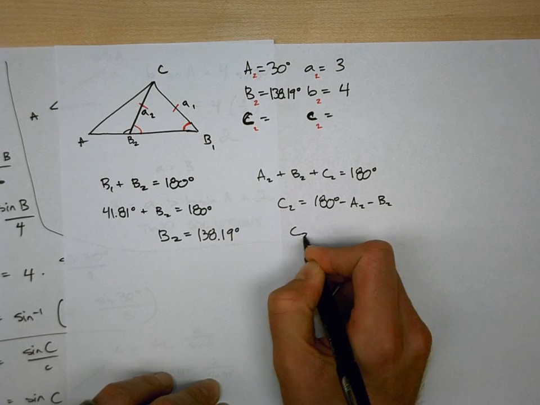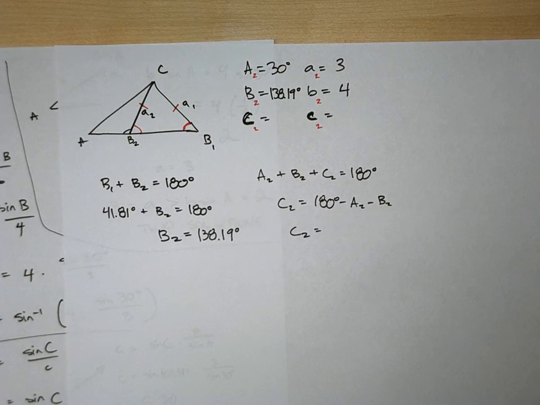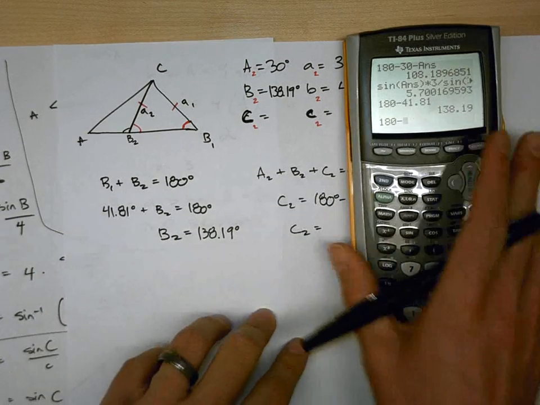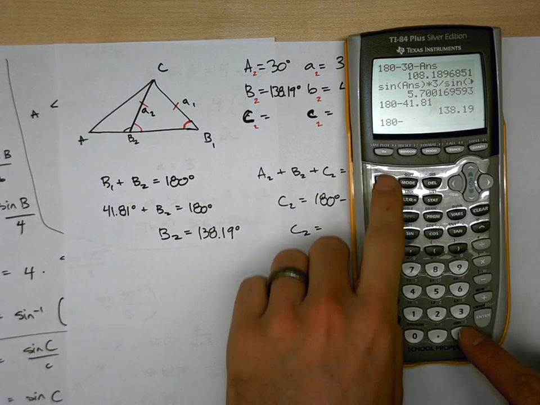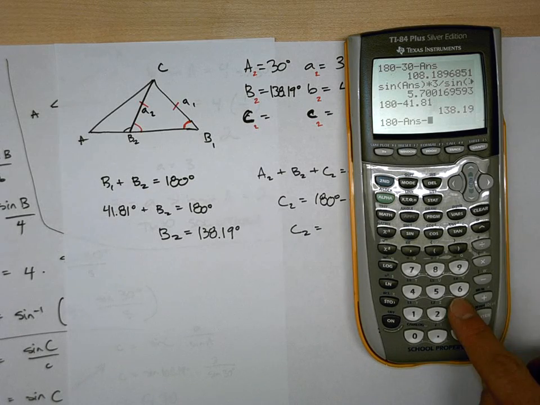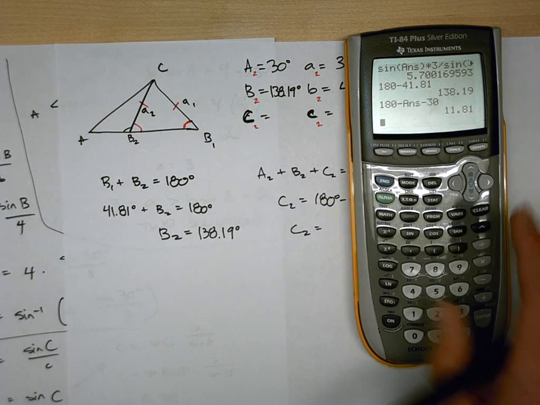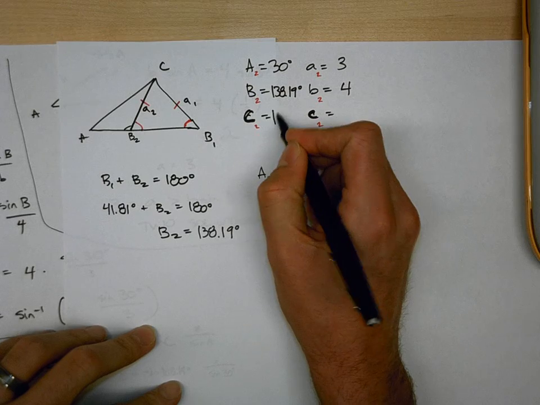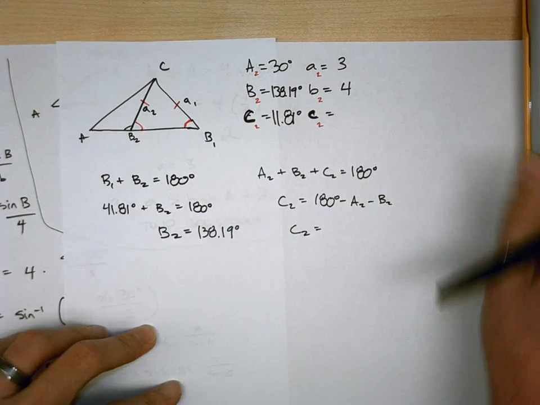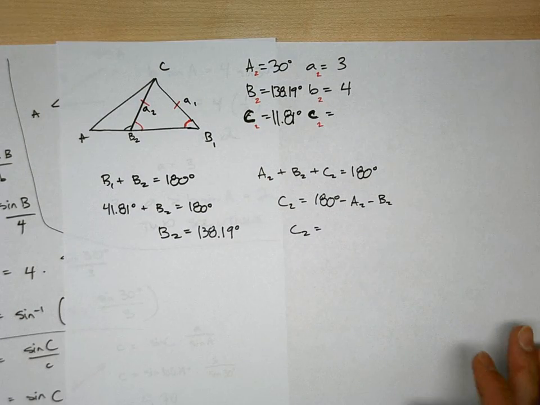So c2 is equal to 180 minus 138.19 minus 30. We get 11.81 degrees. Are we done? Almost. Now we just have to find little c2.